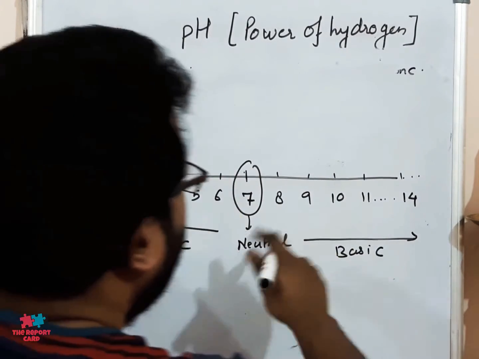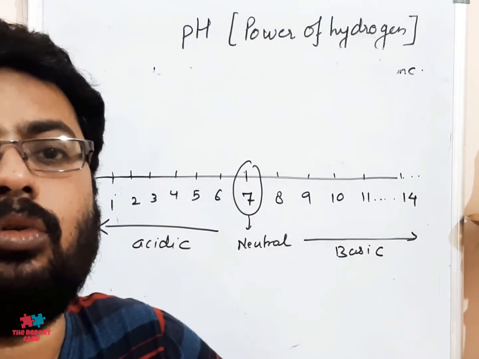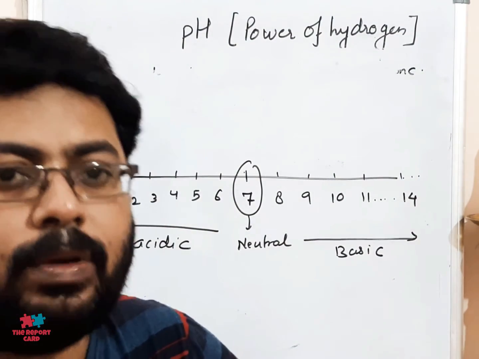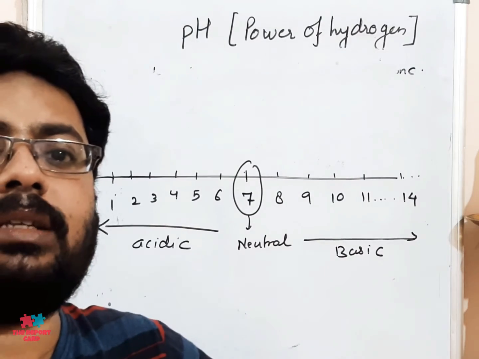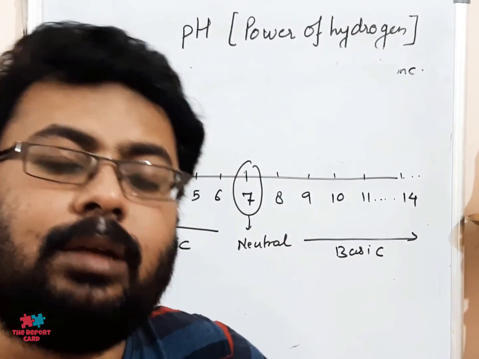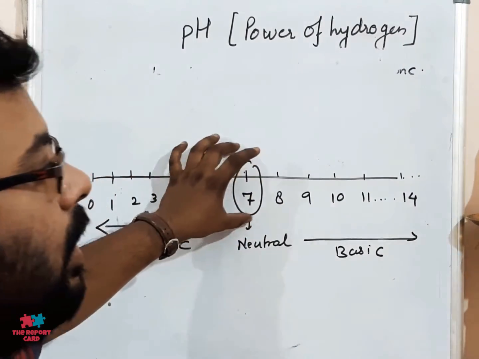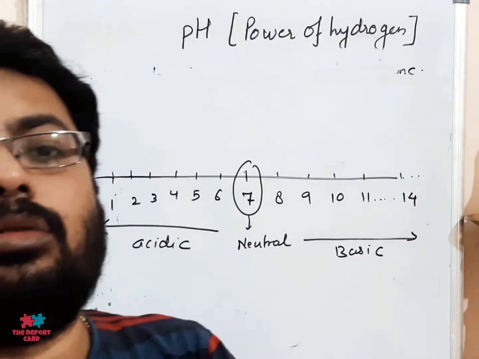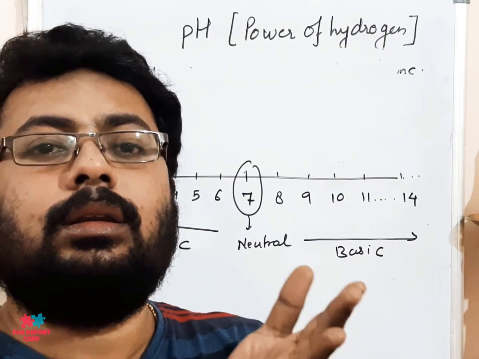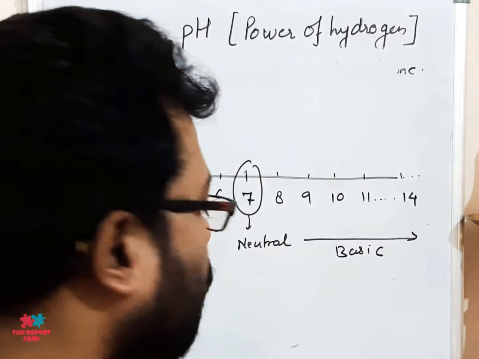As the value of pH increases, the solution becomes more and more basic. So always remember, reduced pH level means acidic, increased pH level means basic, and 7 is that pH where the hydroxyl and hydronium ions are in a balanced state in any solution. So this is what pH is.